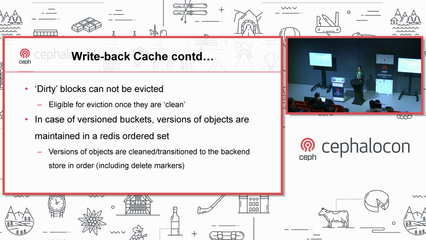And when we are transitioning objects from the cache to the backend store, we always do that in the order of the creation time. That includes the delete markers also, and we've done a bit of testing around all these things, and things seem to be working fine.